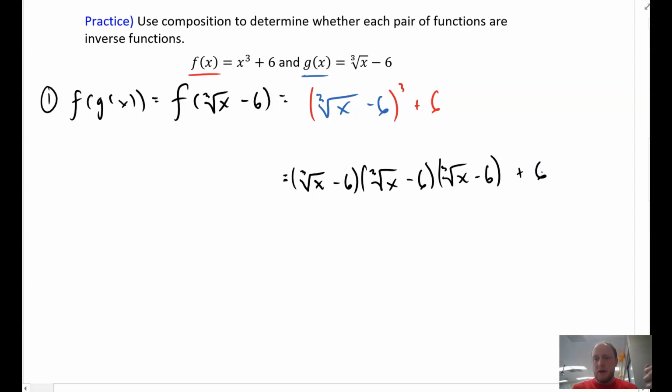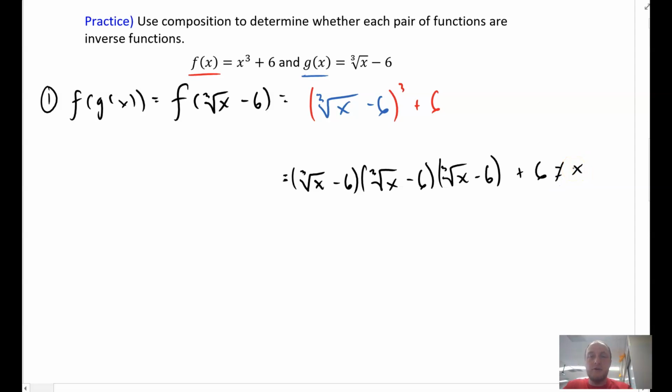Now, in order for this to equal x, does this all just reduce to be x minus 6? And the answer is no, this does not. This does not equal x.